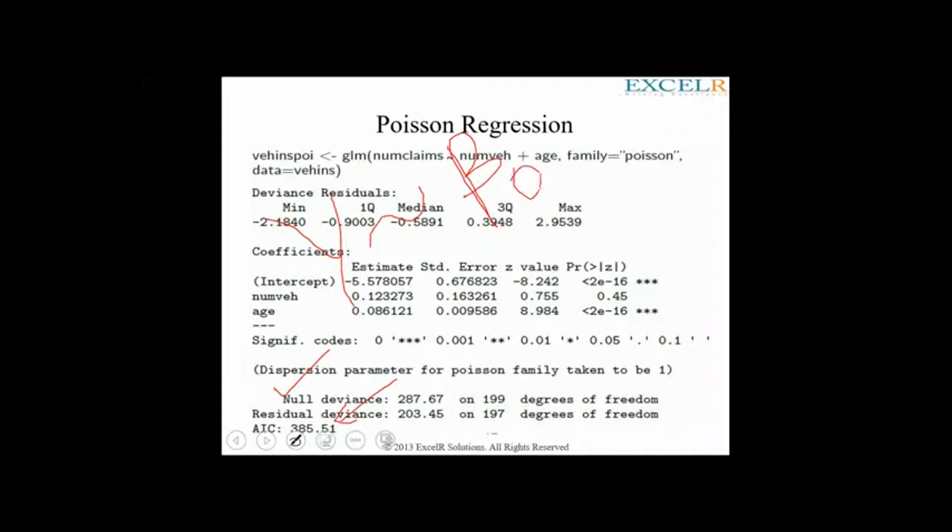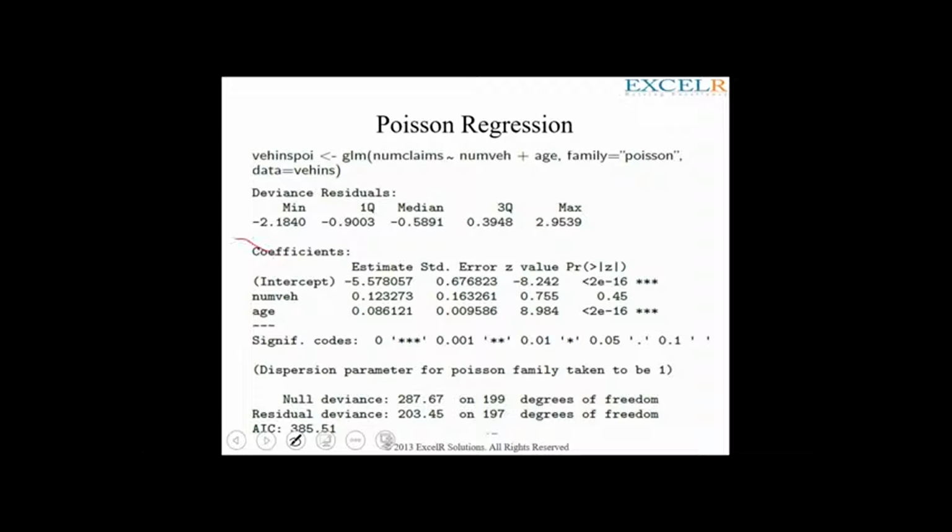If you do not use your coefficients of x1 and x2, and you only use your intercept beta naught, that is when you get this value of null deviance. Okay, this is the first way to check your model using only your intercept.